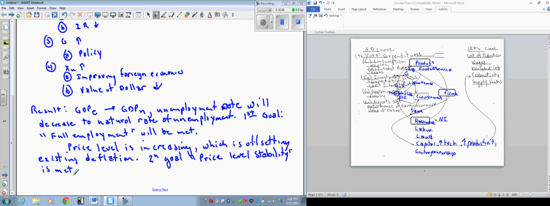Now, the next thing you should consider is this: what's going to happen to the budget? The budget is the yearly income and expenses of the government. Now, notice if you look at this circular flow, what have we done to taxes? We have lowered taxes.